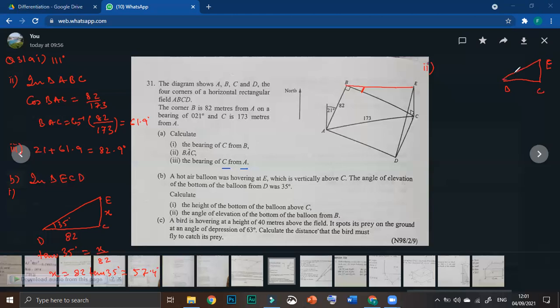We want to find out this angle. EC we have just calculated, which is 57.4. And what is the length of BC? How can we find out the length of BC?